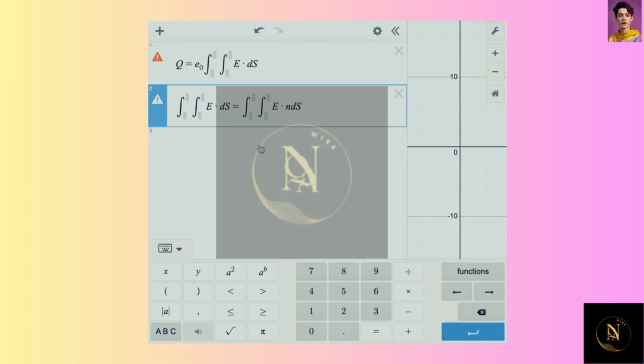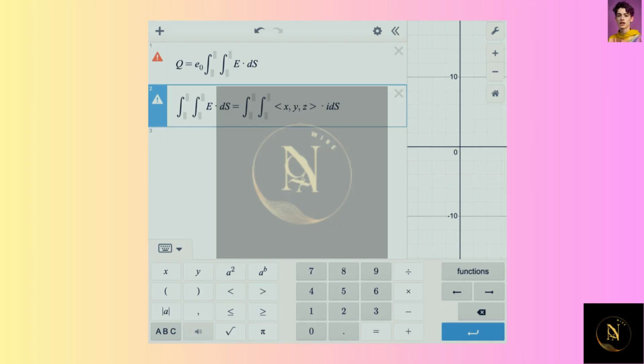So this will ultimately end up equaling the double integral, since we know E to be x, y, z, dotted with i dS.